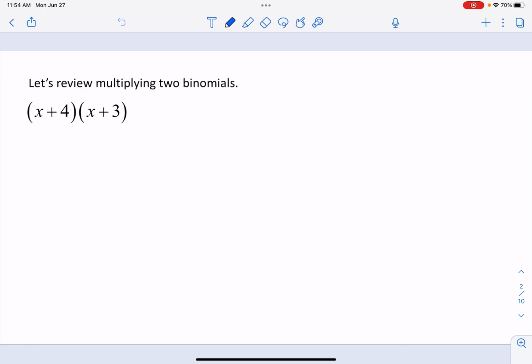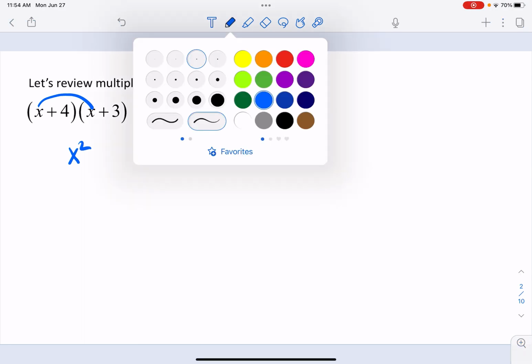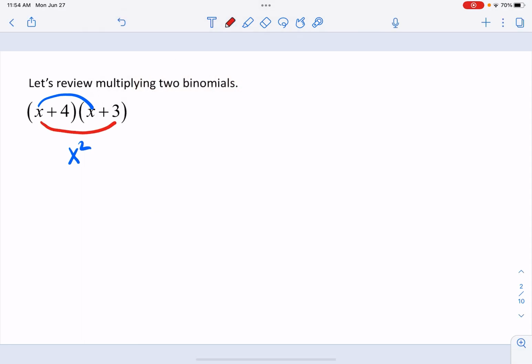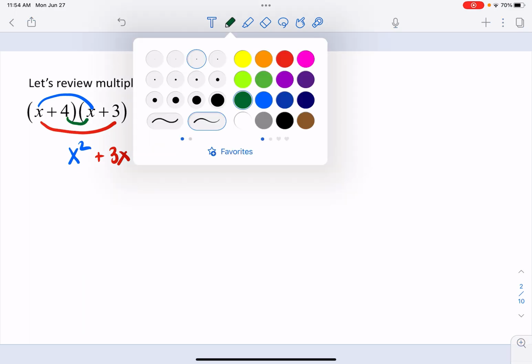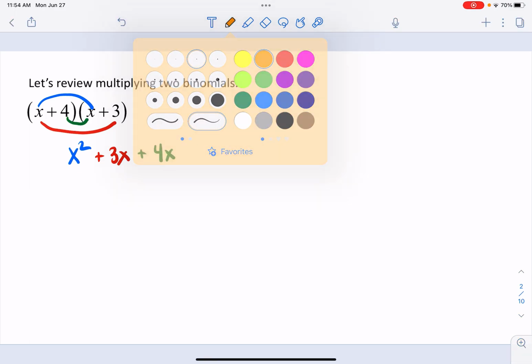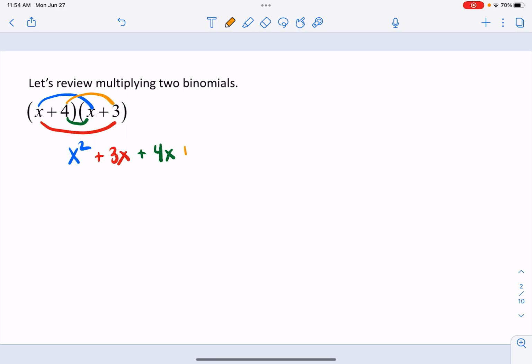adventure. So let's multiply these 2 binomials. So, FOIL, first terms together. Outer terms together. Inner terms together. Last terms together.